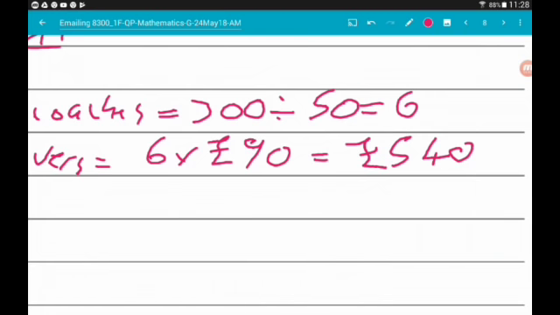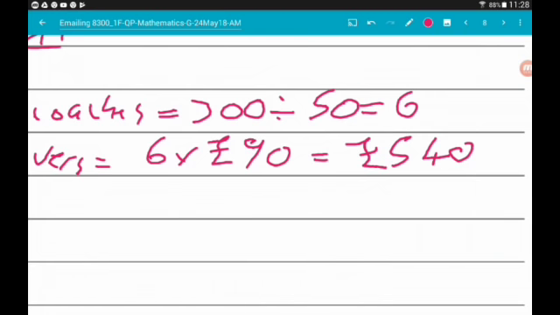So let's do fuel per coach. So the fuel costs 70p per mile.